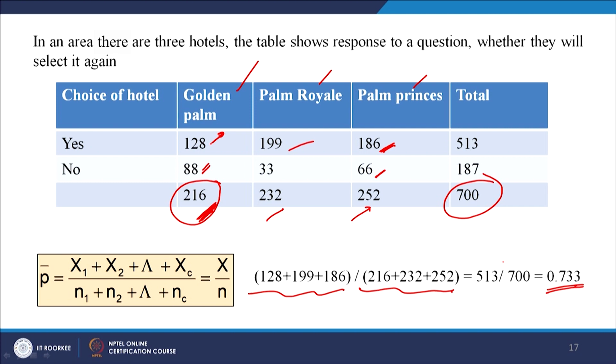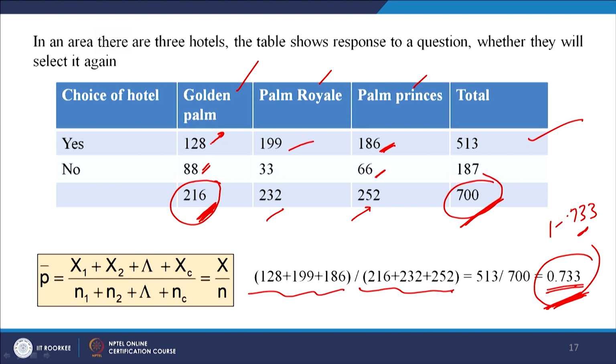In other words, total said yes divided by total number of guests, right. So, 73.33 percent of people said yes. In other words, 1 minus 0.733 said no, they will not come again, right.